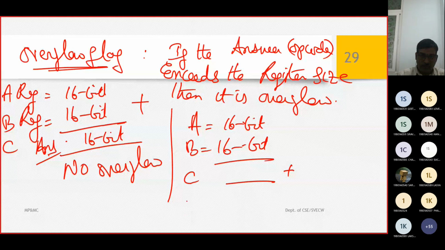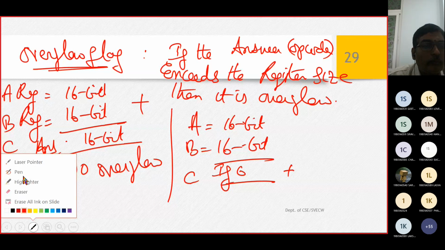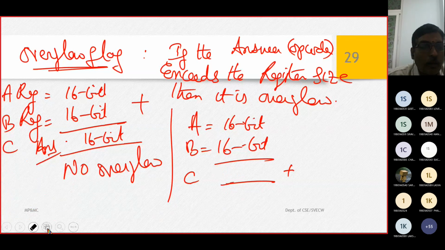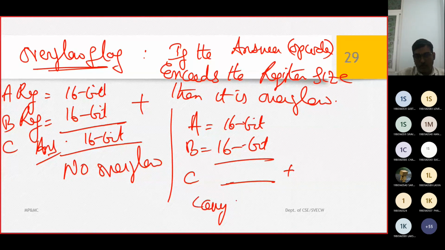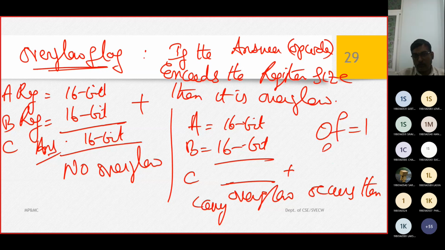Then you are going to give it a C. So obviously at this point of time, if carry or overflow occurs here, then overflow flag is equal to 1. Else overflow flag is equal to 0.